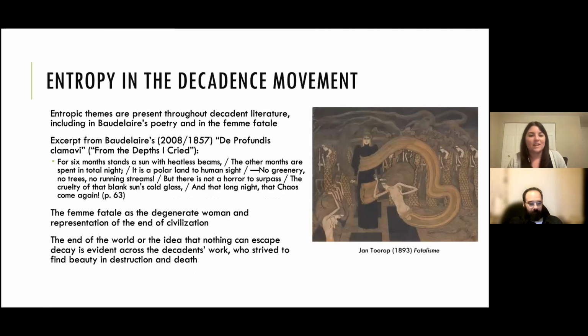So, last piece of the metabletic analysis. We see entropic themes really present throughout decadent literature, especially in Baudelaire's poetry and in the femme fatale.